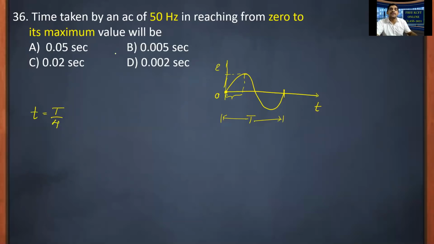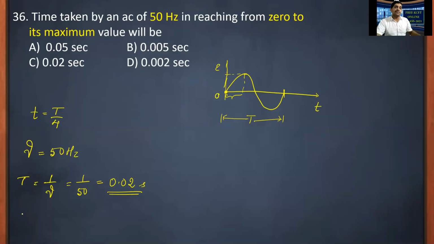Now the frequency of the AC is given to us as 50 hertz. So the period is equal to 1 over frequency, that is 1 by 50, which is 0.02 second. The time at which the AC signal goes from 0 to maximum is T by 4.